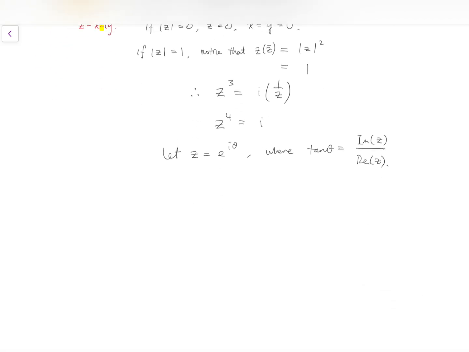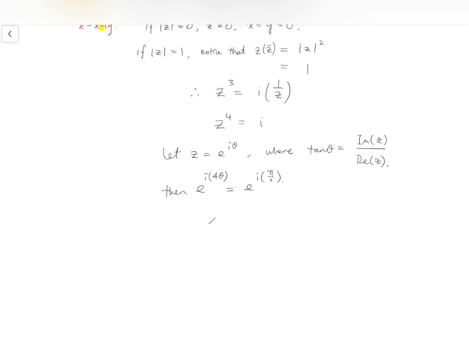So using this definition, I'm going to rewrite i as its polar form as well, and in fact i is equal to e to the power i times pi over 2. Whereas z to the power 4 is going to be equal to e to the power i times 4 theta.